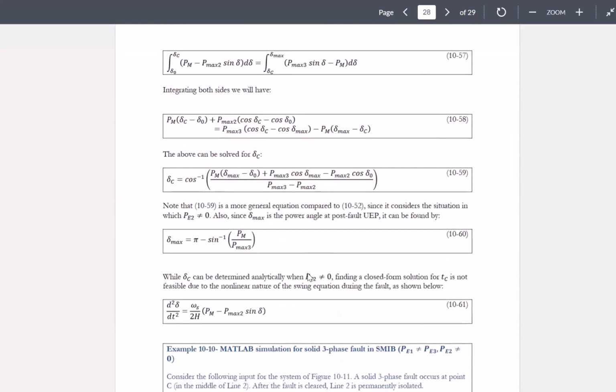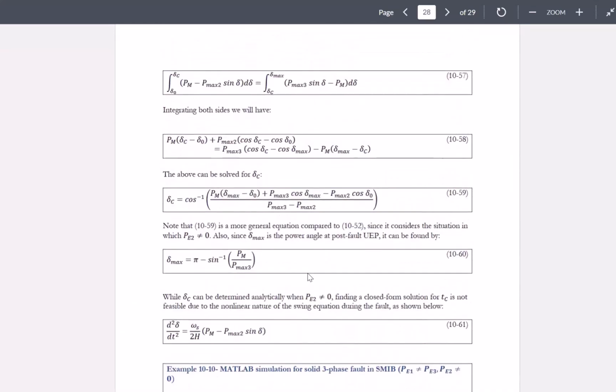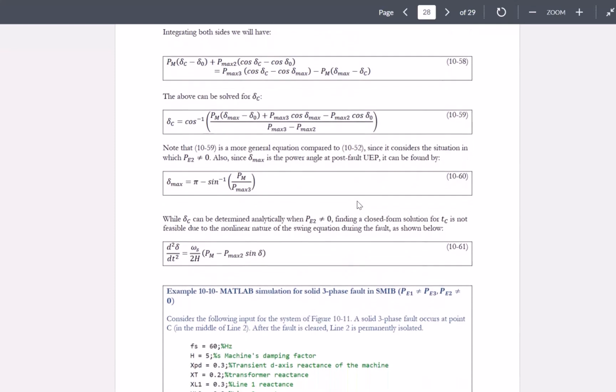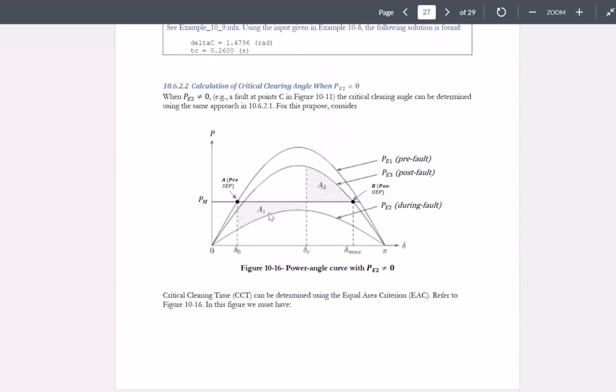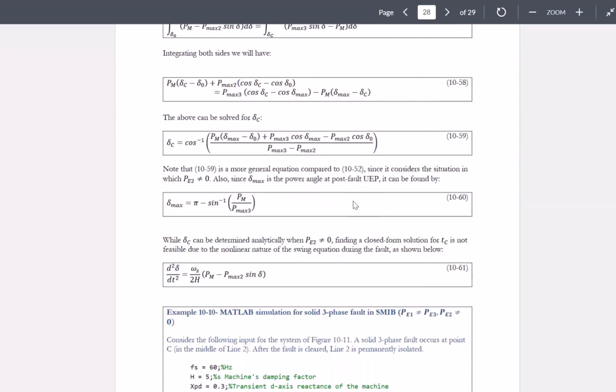So that still needs your simulations. And that critical clearing angle would be found based off of this equation 1059. Again, we have to equalize these 2 areas. Area 1, this A is the pre-fault stable equilibrium point. Point B is the post-fault unstable equilibrium point.